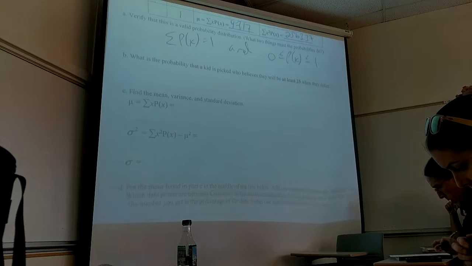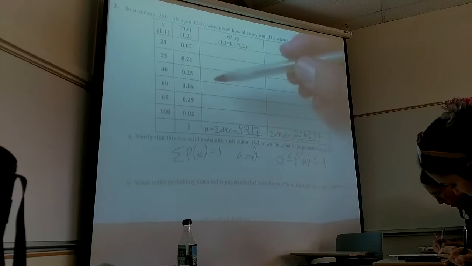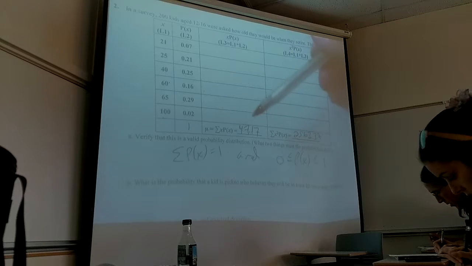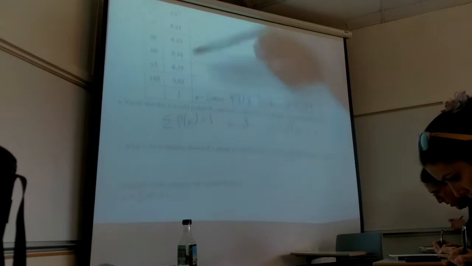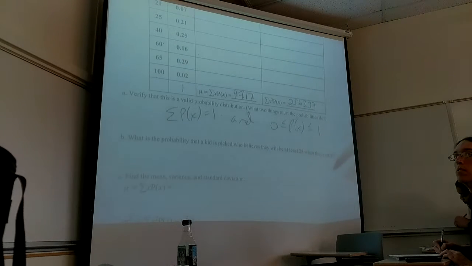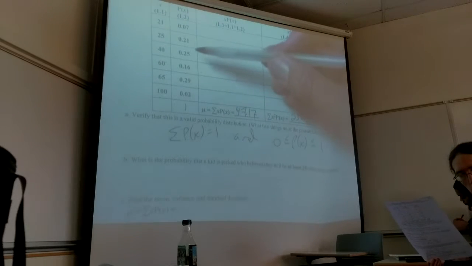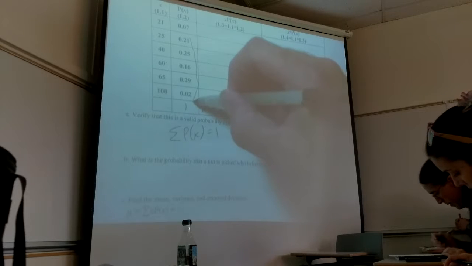For some reason, I always get somebody that can't quite read this correctly, but what's the probability that some kid thinks they'll retire at age 40? 25%. Okay, good. So what's the probability that somebody thinks they'll be at least 25 when they retire? You could do that one of two ways. You could add all these up, because that's at least 25.